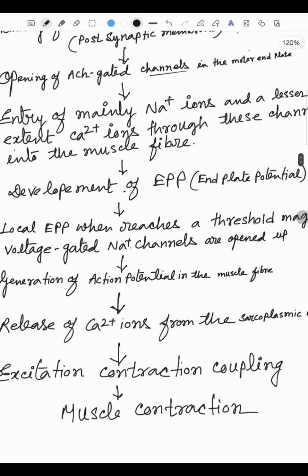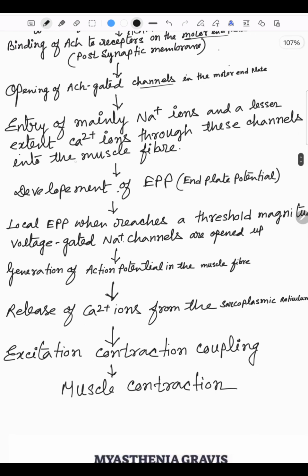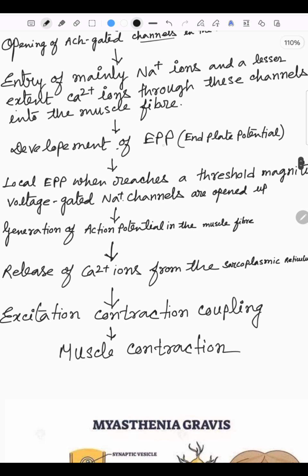So whenever these acetylcholine gated channels open, there is entry of mainly sodium ions and, to a lesser extent, calcium ions through these channels into the muscle fiber, and there is the development of EPP, that is the end plate potential, the potential that is not an action potential.